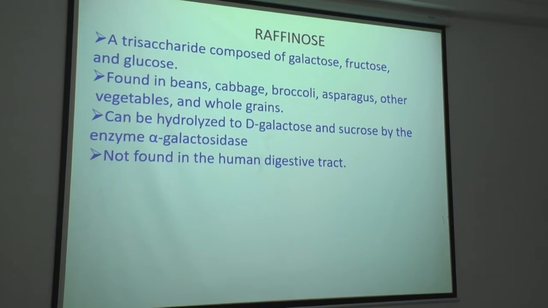Now we come to trisaccharide, tetrasaccharide, pentasaccharide. And these 2-3 names you must remember. One example of trisaccharide is raffinose.